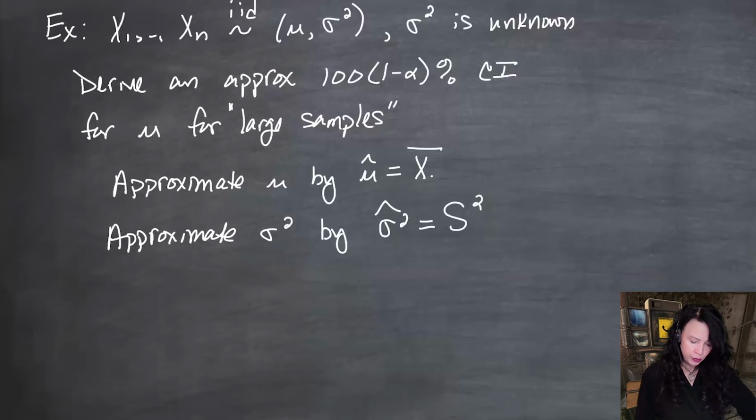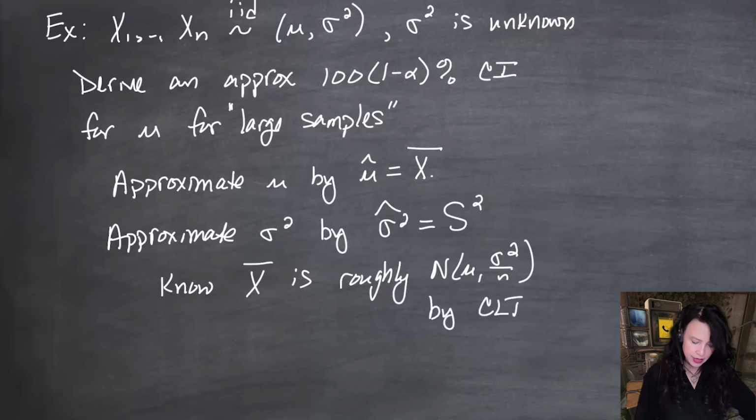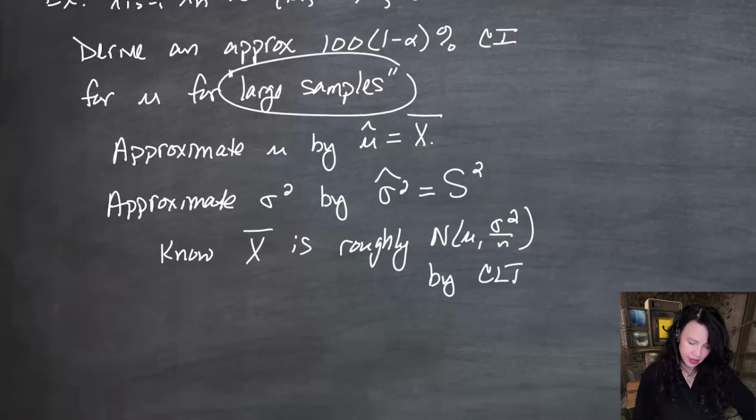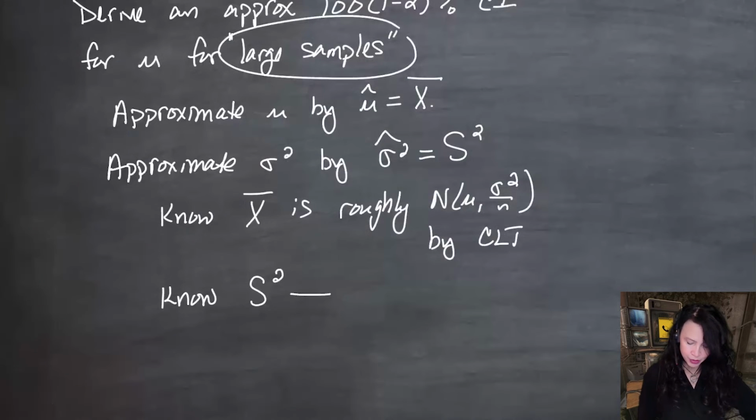And we know that x bar is roughly normal mu, sigma squared over n by the central limit theorem, as long as we have a large sample. And we also know that s squared, whether you use the n minus 1 or not, or use the n, converges in probability to sigma squared.